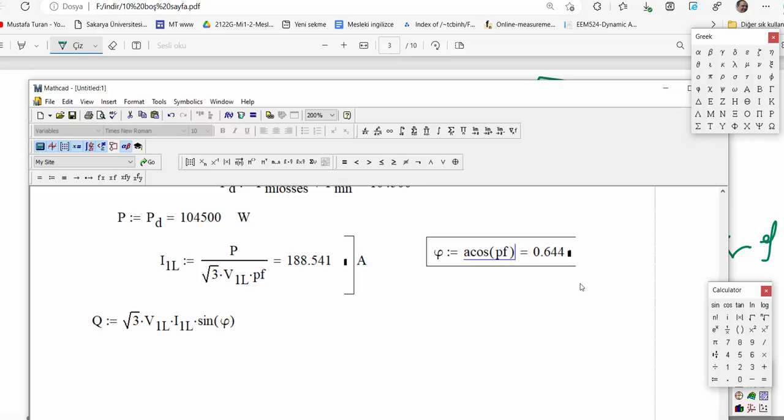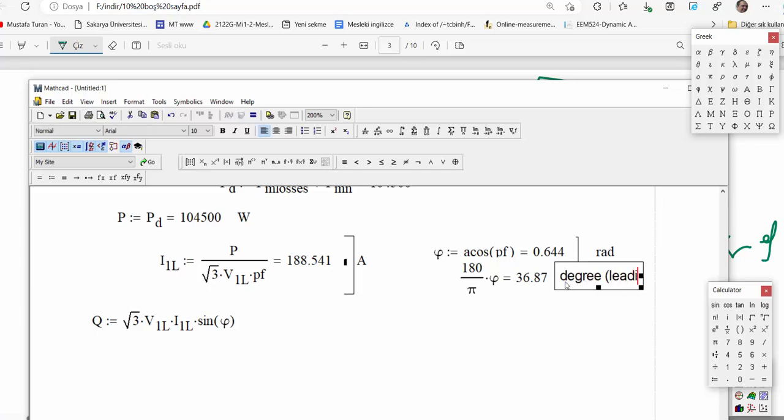It comes out in radians, but it is difficult for me to interpret radians. Let me convert it into degrees to make interpretation easy. It has such a degree, which is leading, ladies and gentlemen, leading angle. We should consider this. Okay, let's continue.